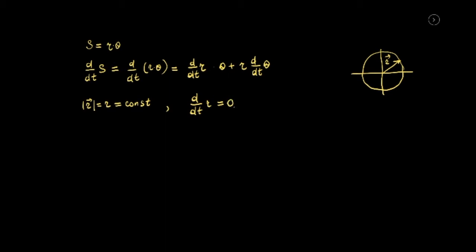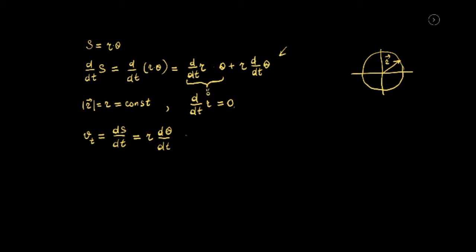So from here we can find that the tangential velocity v_t, which is equal to ds divided by dt, when r is constant, would be equal to r multiplied by d theta divided by dt, only this term, and the other one would be equal to 0.